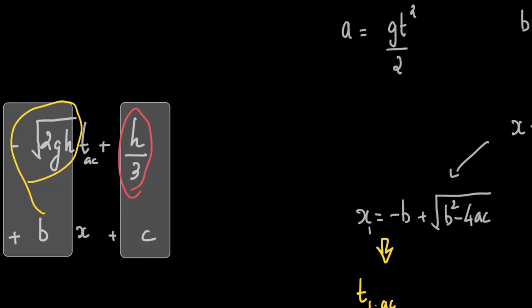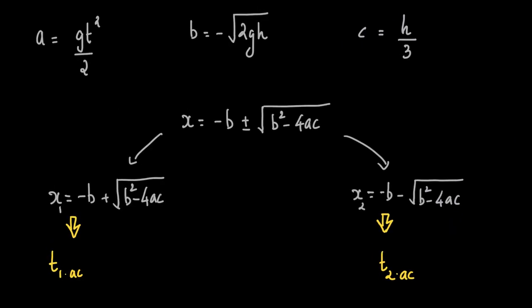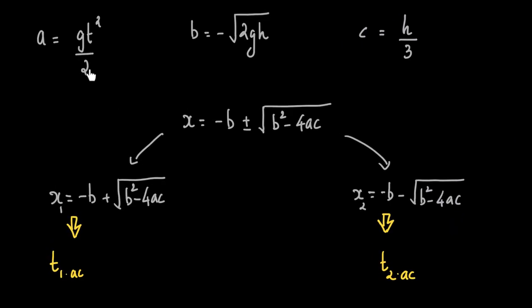Okay, so we get these values. a is equal to g by 2, b is equal to minus root of 2gh, c is equal to h by 3. And if we have these, we have x is equal to minus b plus or minus root of b square minus 4ac by, of course, 2a.